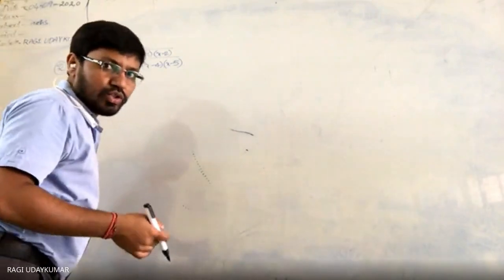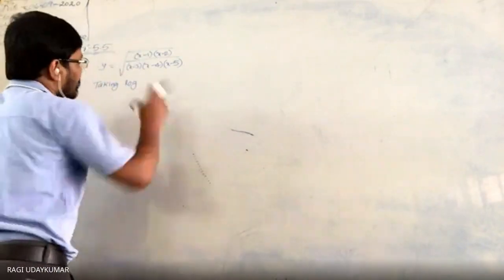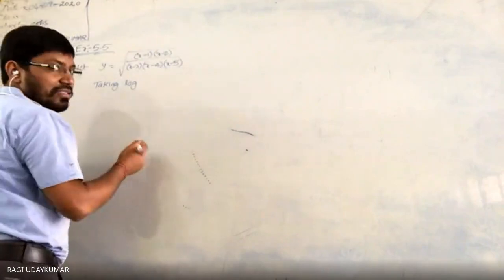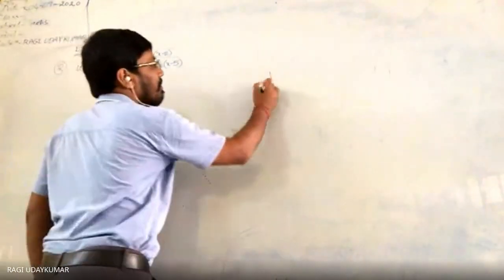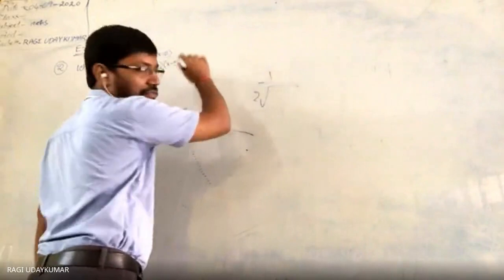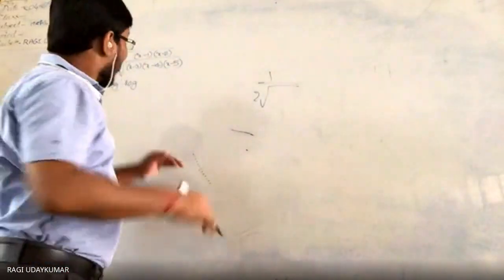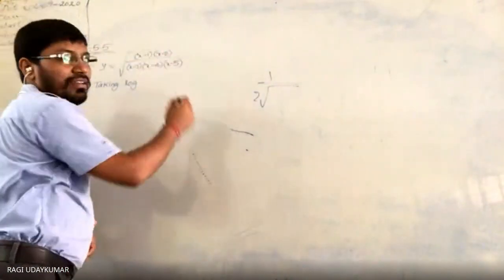Otherwise, when you try to solve this problem normally, this can be written as root x. Root x, you see here, and I will just explain to you, 1 by 2 root of this one. Again, differentiation of this one. So what do you get here?